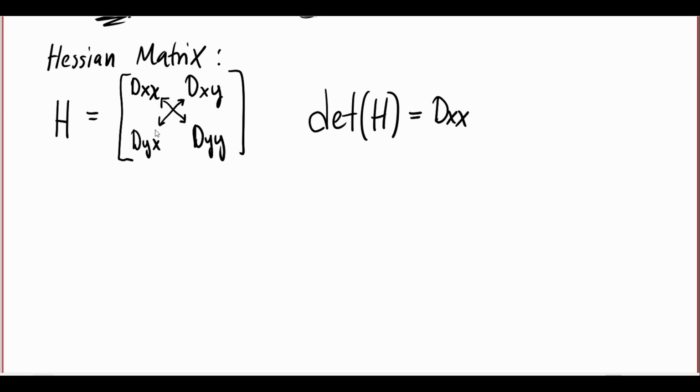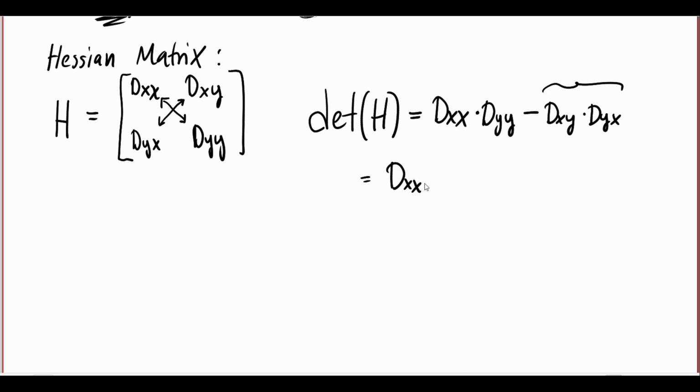So we have dxx times dyy subtracted with dxy times dyx.